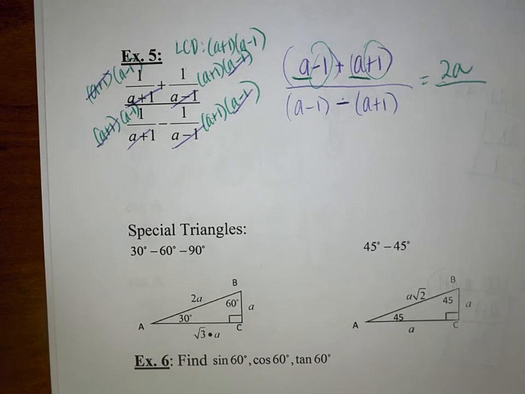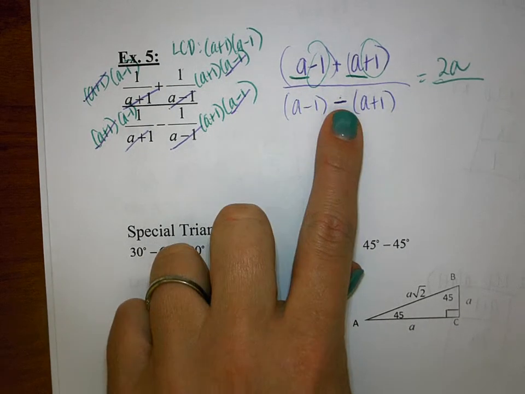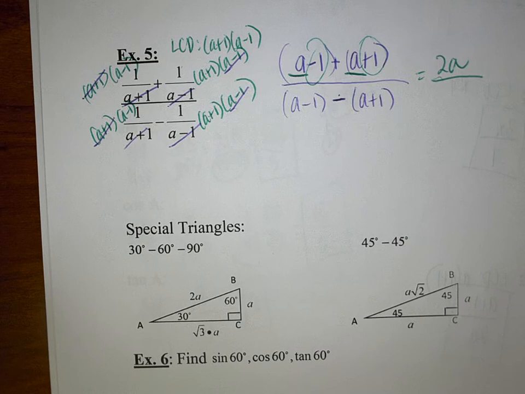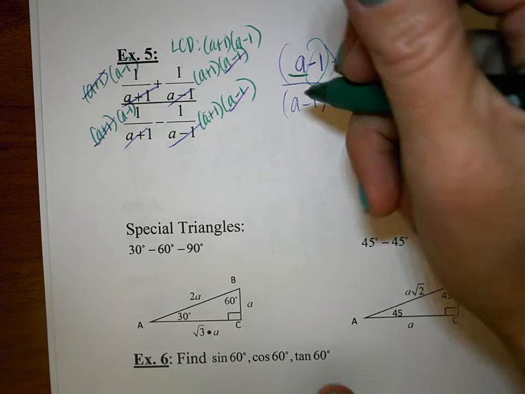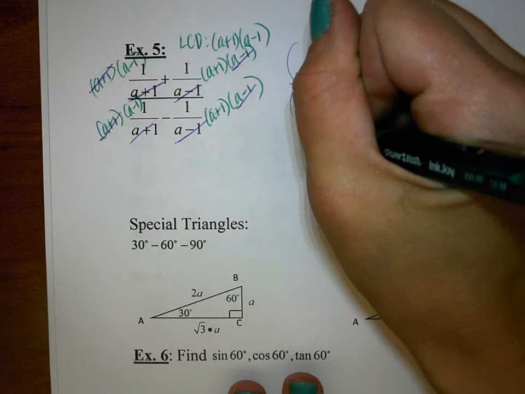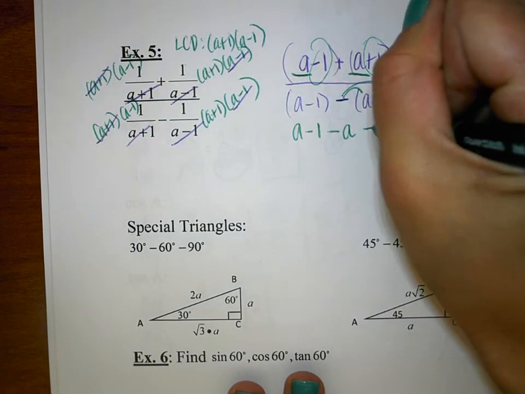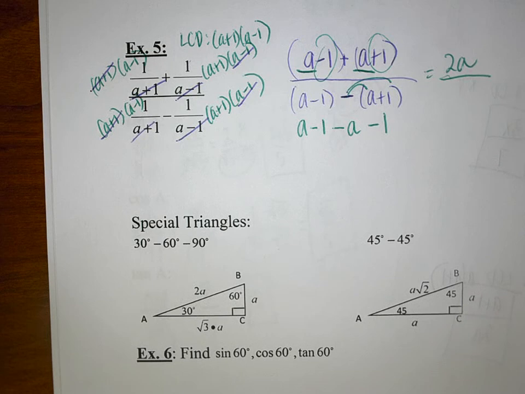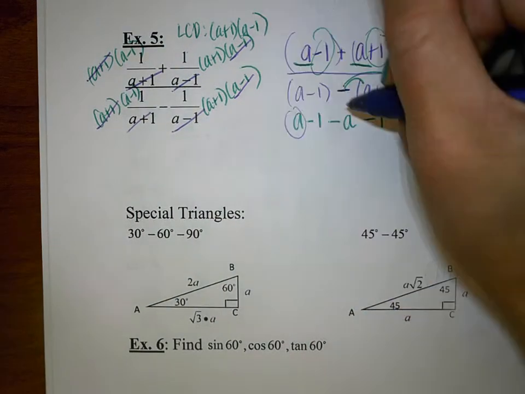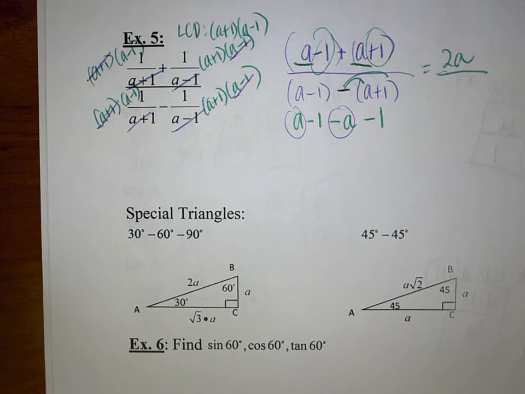Go to the denominator. This is now subtracting, which means I need to do what? Distribute the negative through. So I have A minus 1 still in front, and then I have a negative A and a negative 1. Do we agree? So A and negative A end up canceling out.